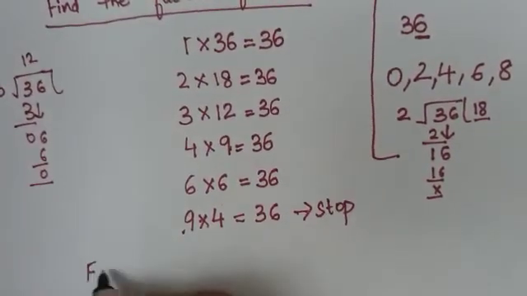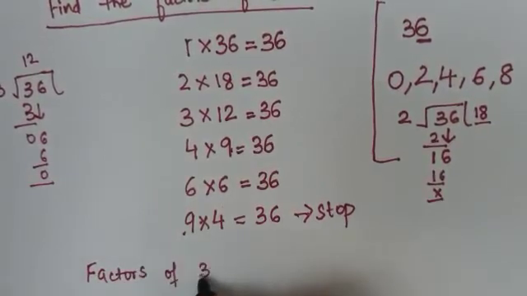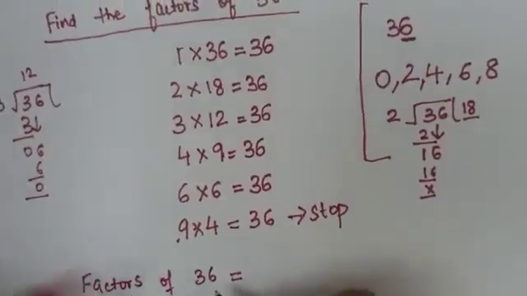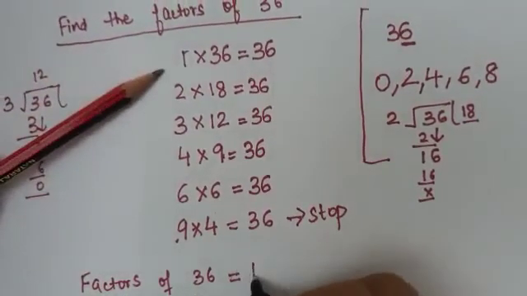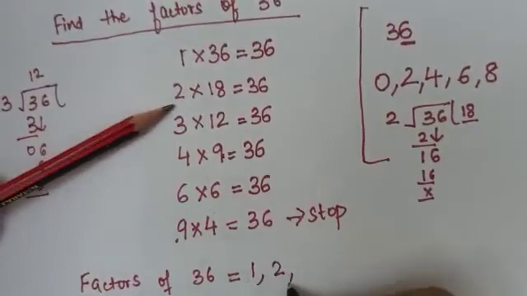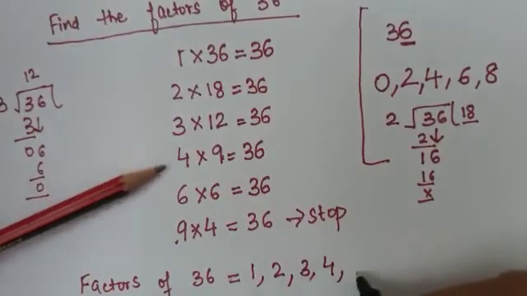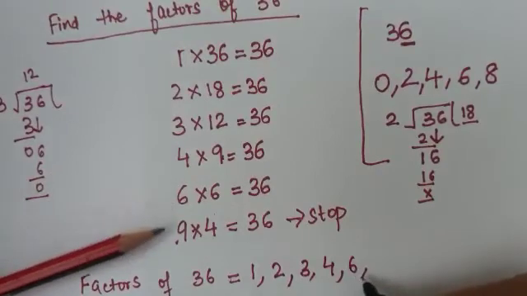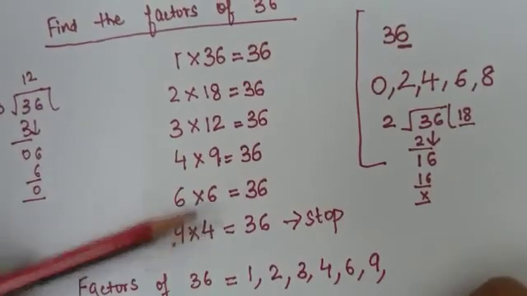So now you will write the factors of 36. Let us start writing. 1, then 2, then 3, then 4, then 6, then 9. No, already written.